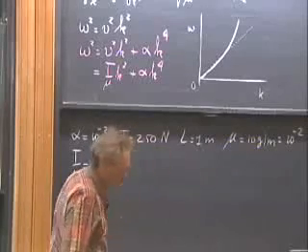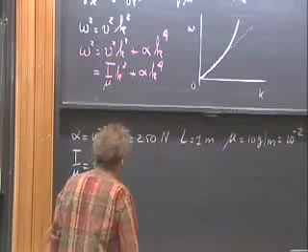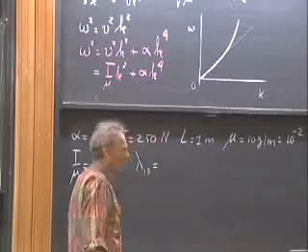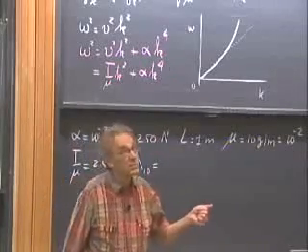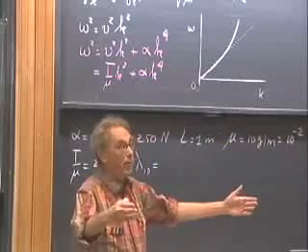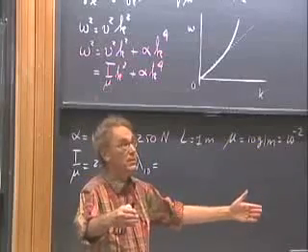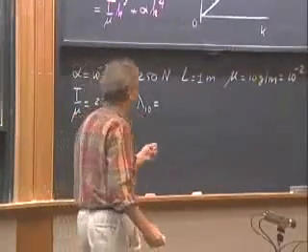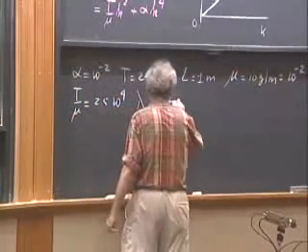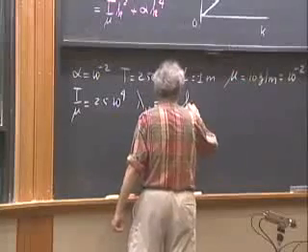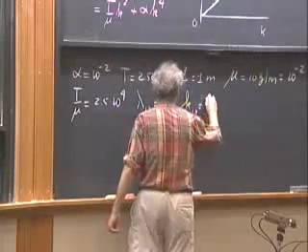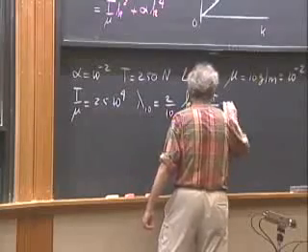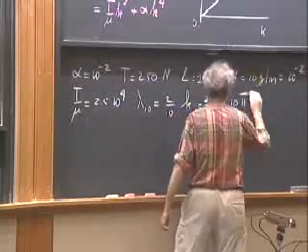I have to know what k is. Well, lambda 1 is 2 meters, right? Fixed at both ends. If the length is 1 meter, then lambda 1 is 2 meters. So lambda 10 is 10 times smaller, so that is 2 divided by 10. So k 10, which is of course by definition 2 pi divided by lambda 10, is then 10 pi.